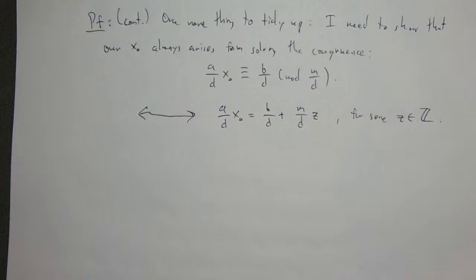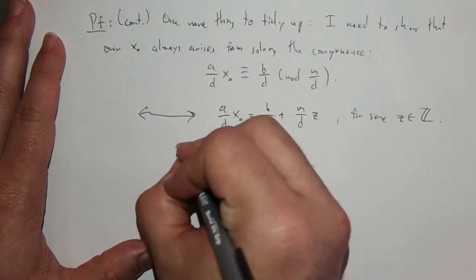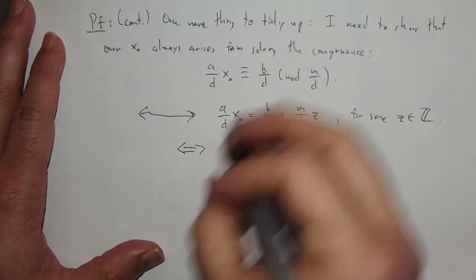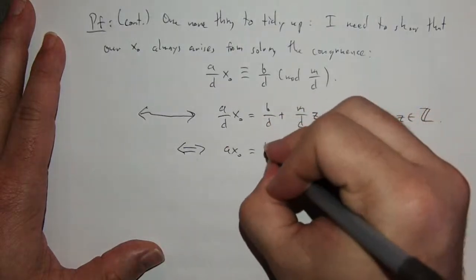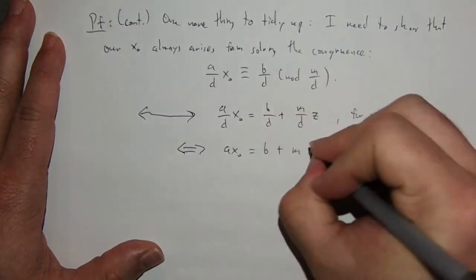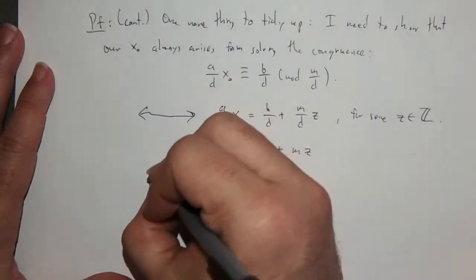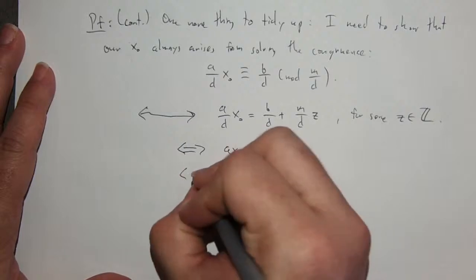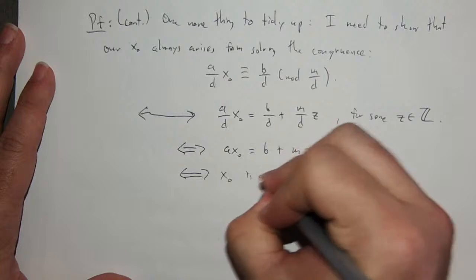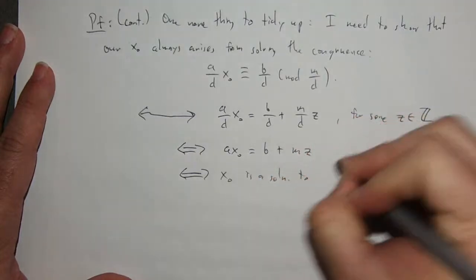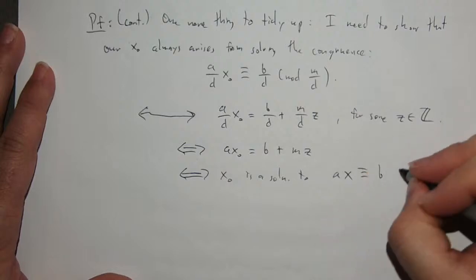Multiplying through by d, this is true if and only if a x naught is equal to b plus mz, which just says that x naught is a solution to ax is congruent to b mod m.